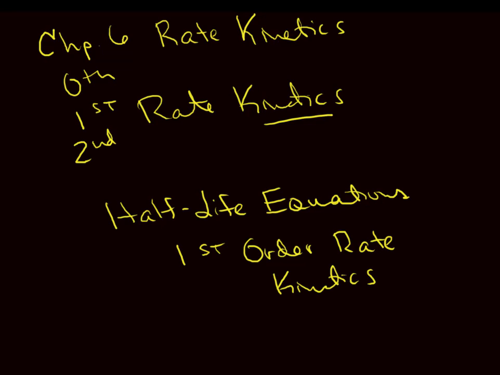And as you'll recall, our first order rate kinetics would give us our instantaneous concentration is equal to our starting concentration, e to the minus kt, where k is our rate constant and t is time.